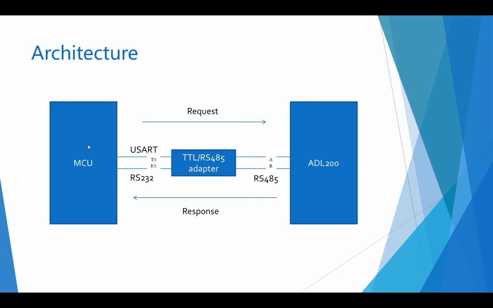The TTL adapter in the middle is just doing a conversion between the RS232 TTL values coming out of the USART on the microcontroller and putting them in the correct format for RS485, which is on the A and B line, and that's what you connect it to. So it's relatively simple. The A and B lines are very clearly annotated in the documentation.